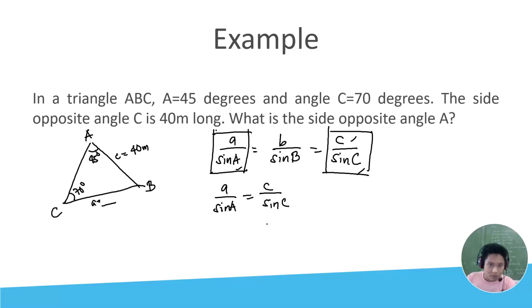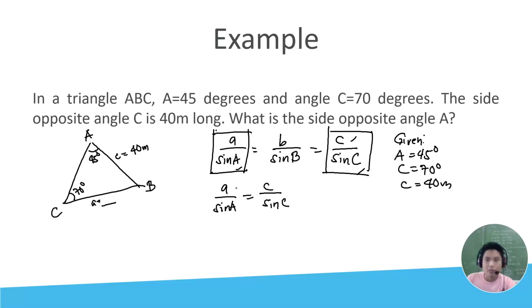Okay, just rewrite the given. Angle A is 45 degrees, angle C is 70 degrees, side C is 40 meters.